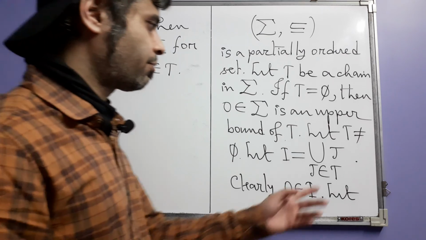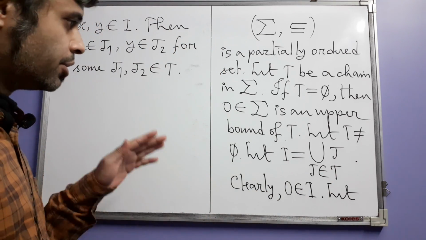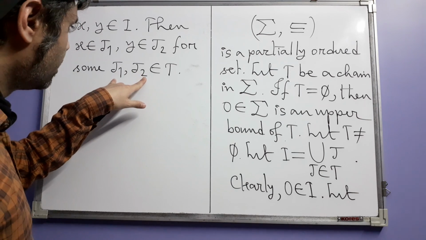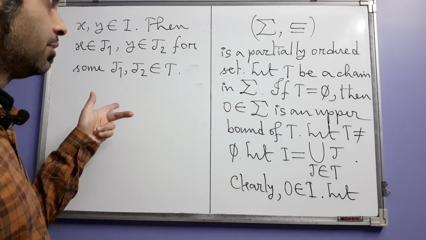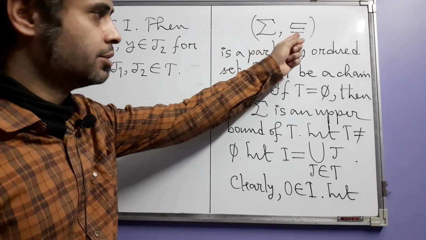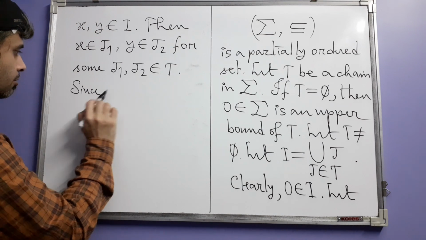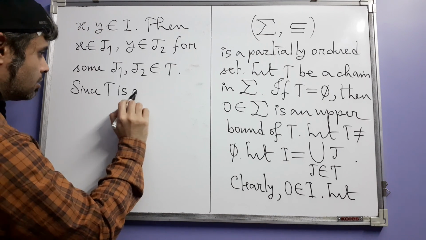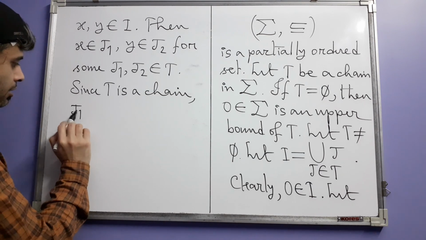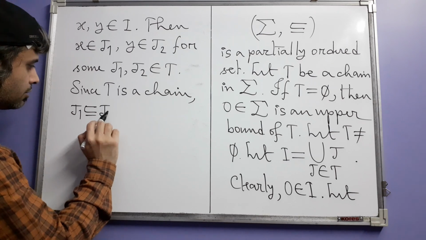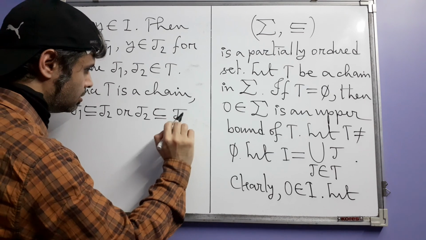And this is where the fact that T is a chain will play a role. Because T is a chain, these two elements are comparable to each other, either this way or that way, by the inclusion relation. Since T is a chain, either J1 is contained in J2 or J2 is contained in J1.